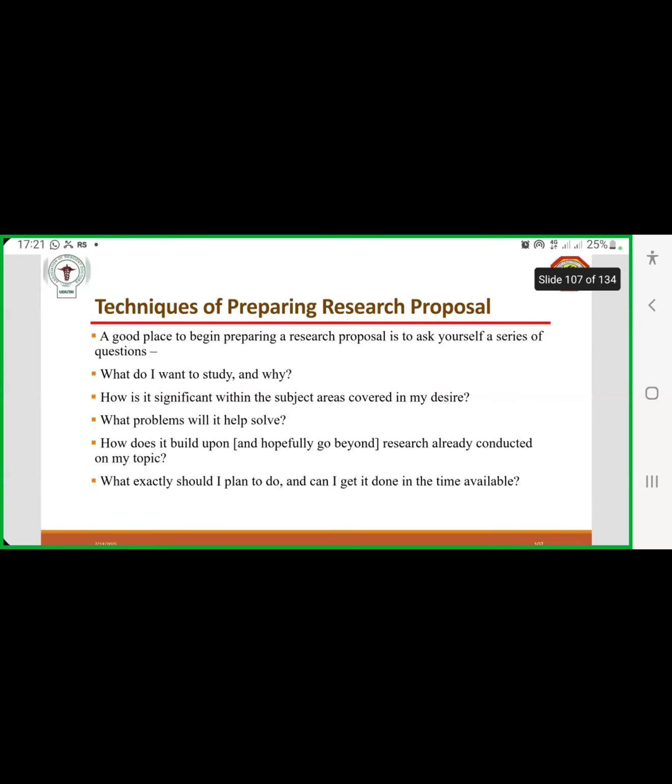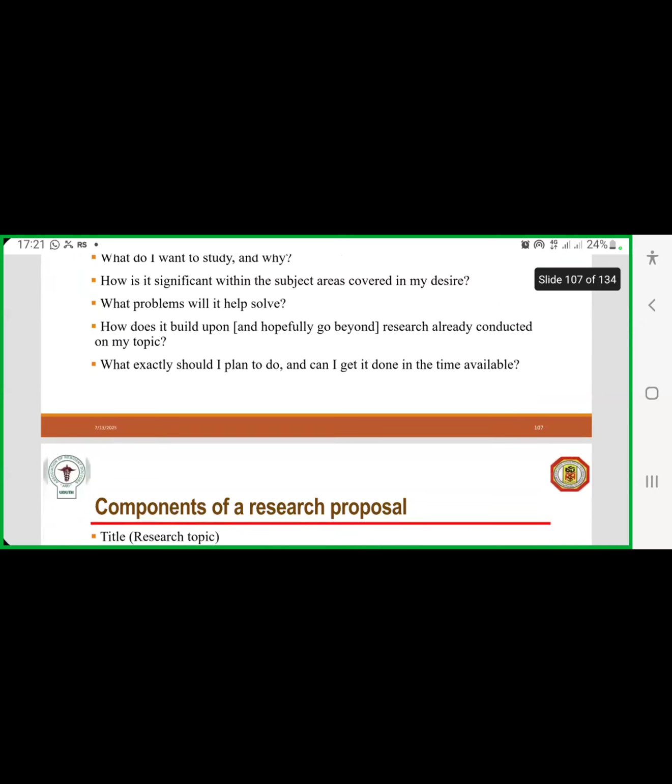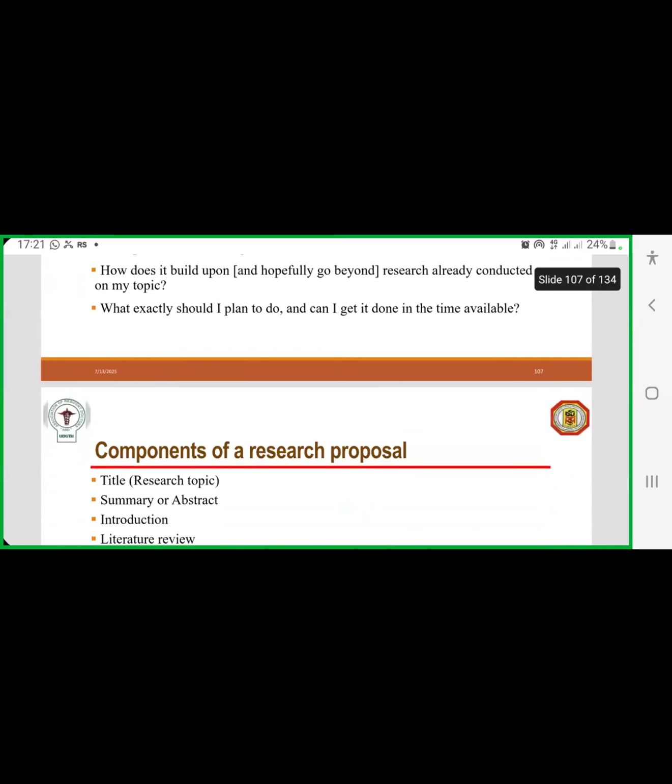You cannot present a study that cannot be finished within the period before you go for your exam. For example, you cannot bring a cohort study for part 2, because a cohort study may take many years before its completion. So anything that you want to do, you have to wait, think, and ask yourself and answer the questions.